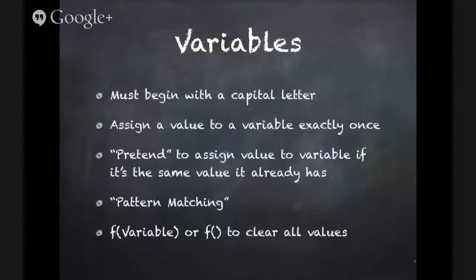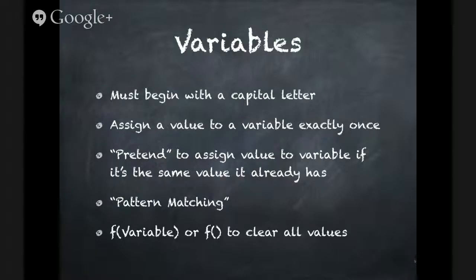As variables, they have to start with a capital letter. Again, you can only assign the value once, and then after that, you're essentially pretending to assign stuff to it as long as it's the same value that it was originally. There's a concept called pattern matching. That's kind of what it does with the pretending. It tries to match the sides.